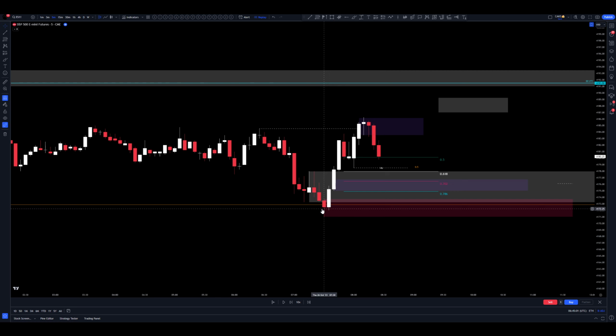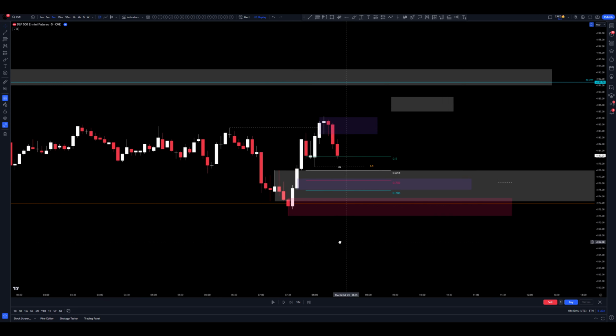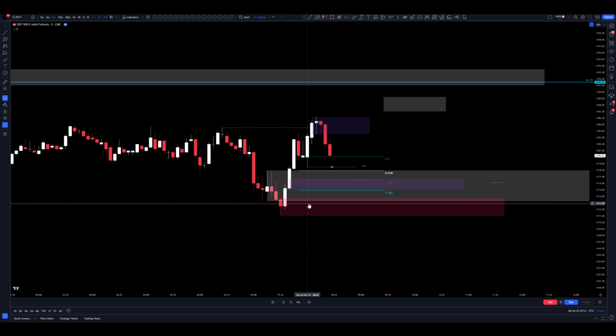So it has to say that there are big players in this area. This is a sign of potential institutional demand, so this is a potential institutional order block. That gives us the idea that if price does retrace into those levels, they're going to defend their positions.